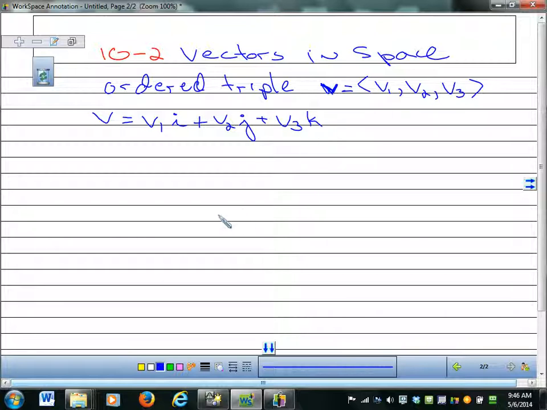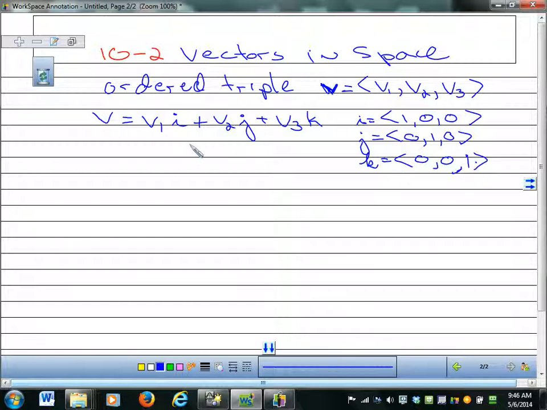So i, j, and k correspond to the x, y, and z directions, where i is equal to the unit vector 1, 0, 0, and j is equal to the unit vector 0, 1, 0, and k is equal to the unit vector 0, 0, 1. I wrote 1, and I said k.